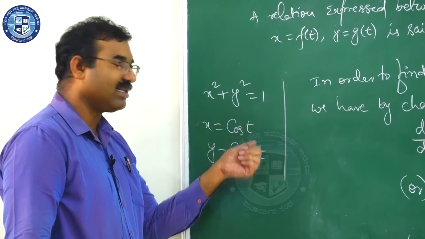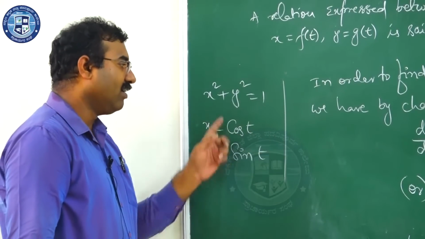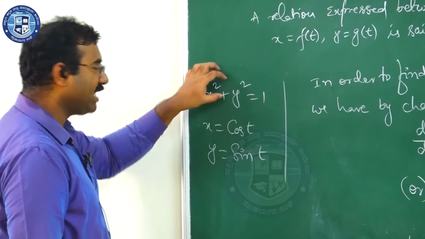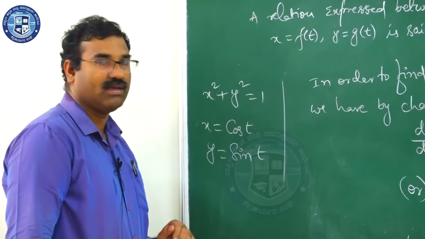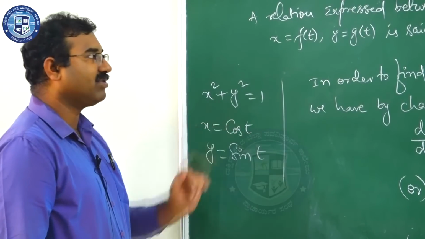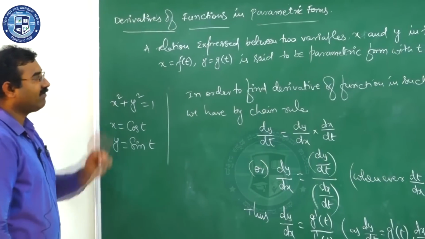We call t the parameter here. With the help of another variable we are expressing the relation between x and y. This type of function we call parametric form.